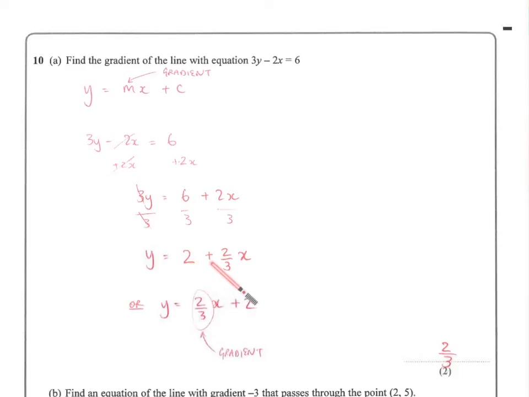So I've got y equals 2 plus 2/3 x, or equivalently I could write that as y equals 2/3 x plus 2. So therefore, this value here in front of the x, 2/3, is my gradient.